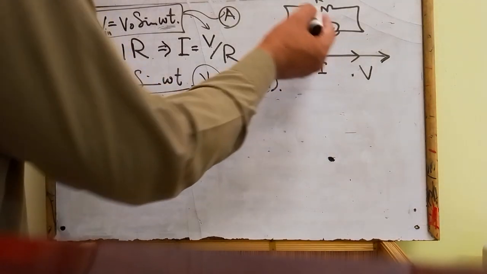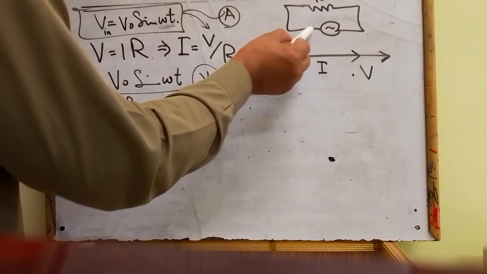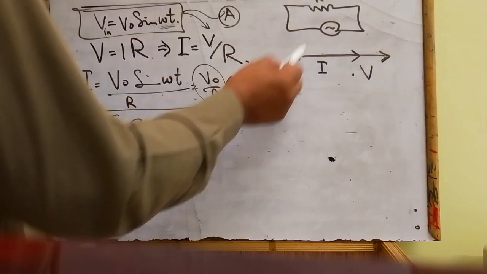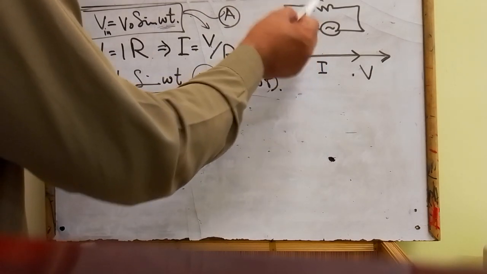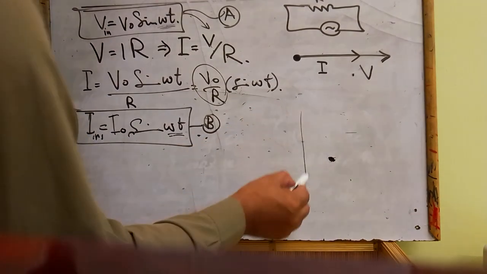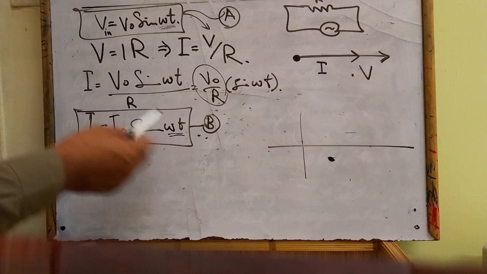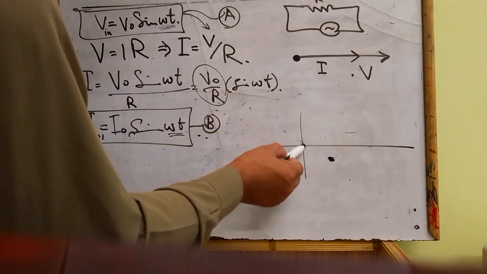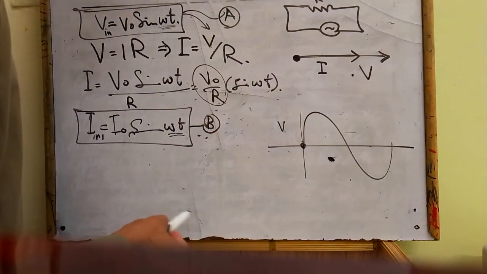So it means when we apply maximum voltage to the circuit, maximum current will be flowing through the circuit. When we apply zero voltage to the circuit, zero current should be flowing through the circuit. And the third parameter which explains this concept is the graph. Let us, for example, draw the graph for voltage like this over a cycle.